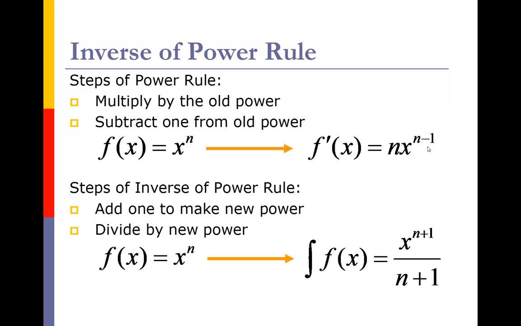And so when we want to do the inverse of the power rule, going the opposite direction, look what we've got. We've got an n plus 1 in the power. Basically, we're going to add 1 to get the new power. And then look down here, we're dividing. So instead of multiplying on the derivative, we're dividing for the antiderivative. And we're dividing by that new power, the n plus 1.